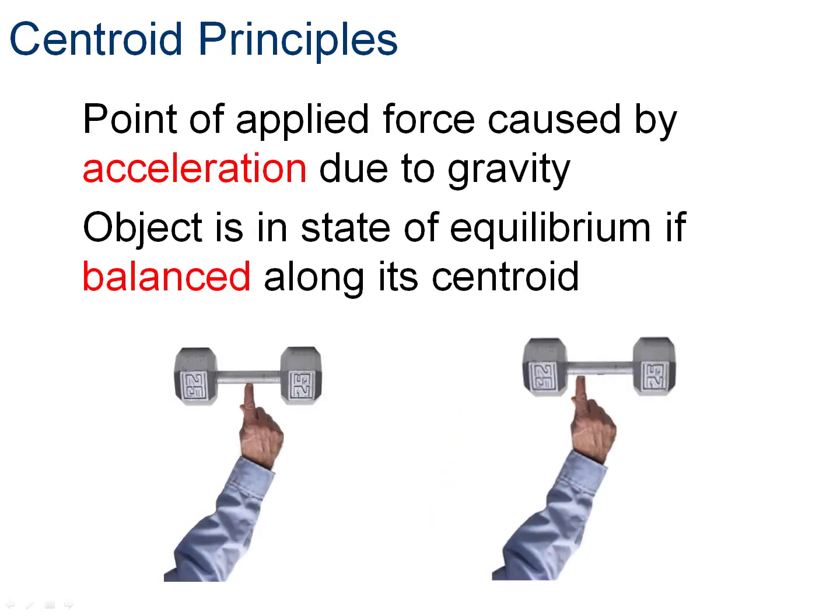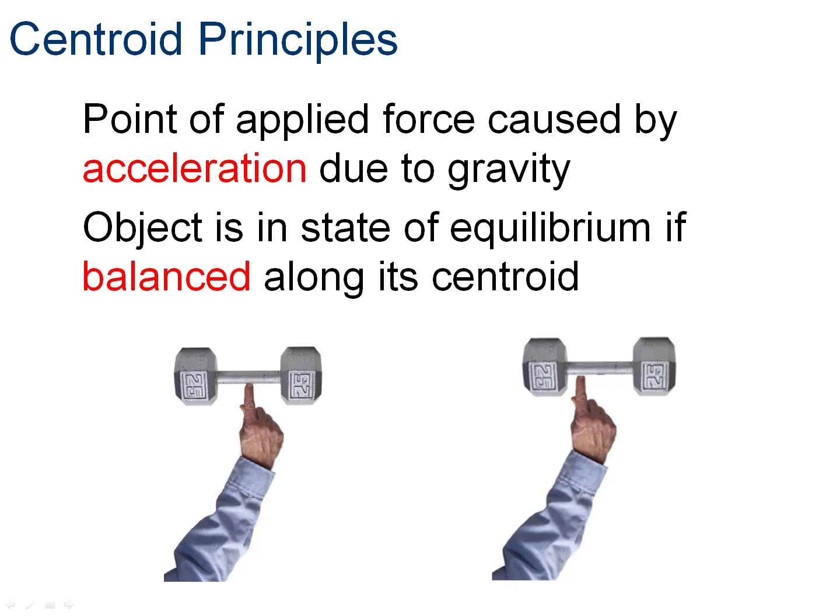Now, the principle of centroid is that if I have an object of a given mass, it's being accelerated due to gravity. Gravity's pulling it down. If I apply a force at the centroid, the object will stay in a state of equilibrium or balance along that centroid.